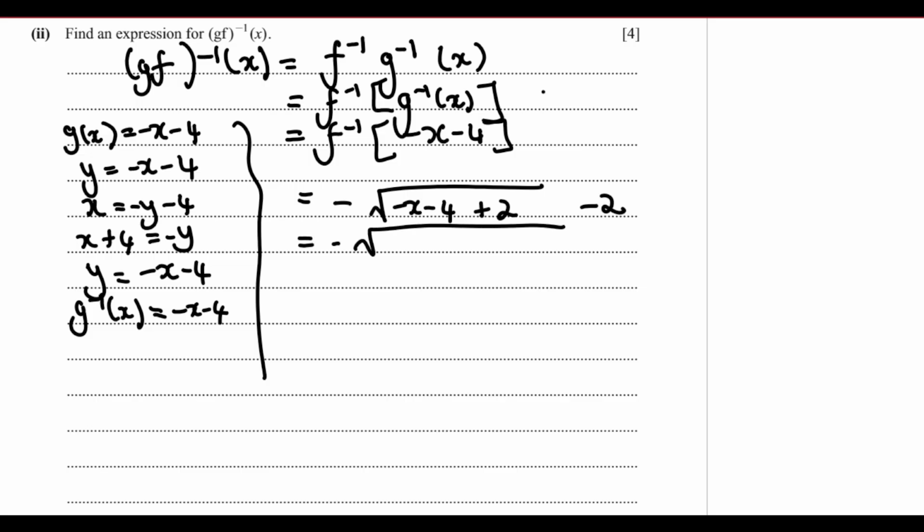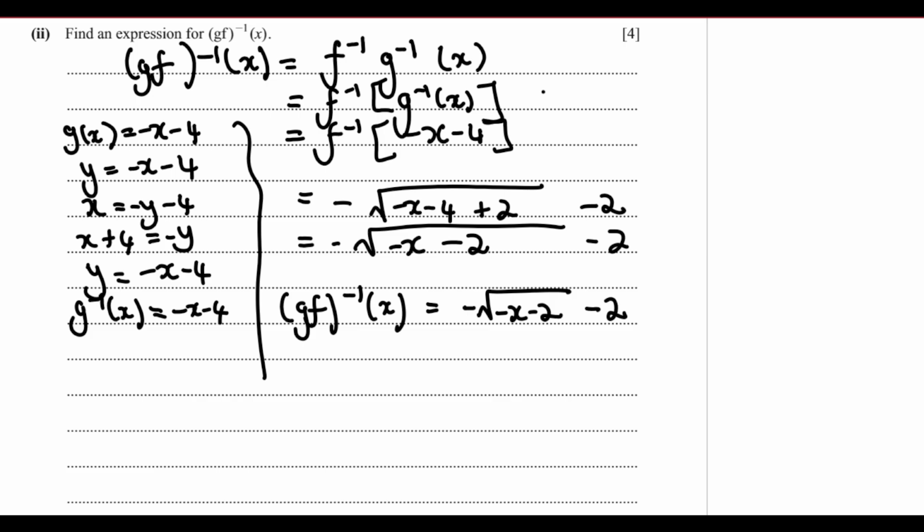Okay, minus 4 plus 2 is negative x. Let's just write it nicely. Minus 2. There we go. That's the end of the paper. Thank you for watching.